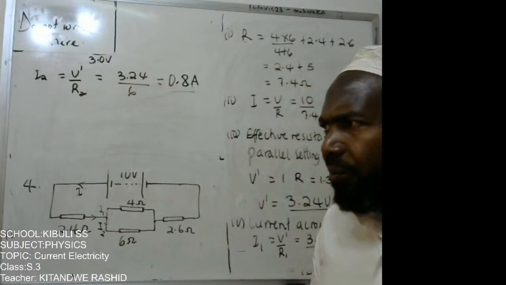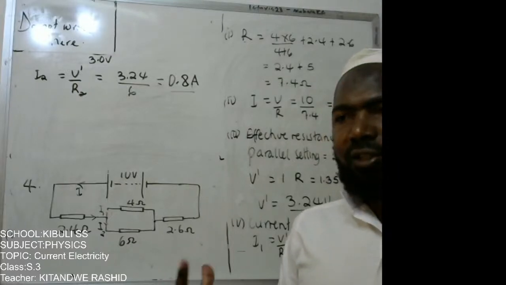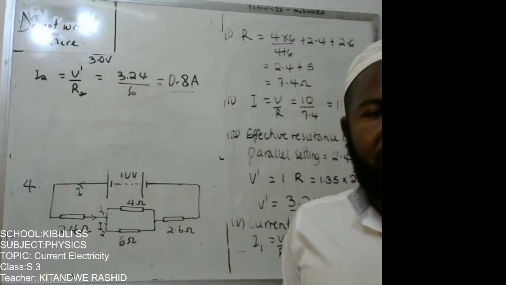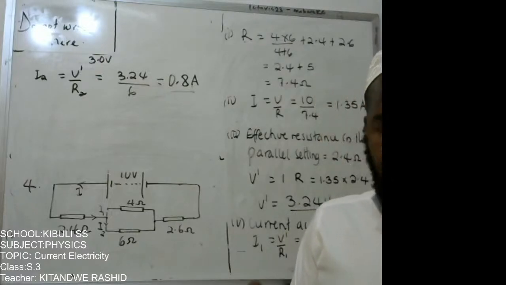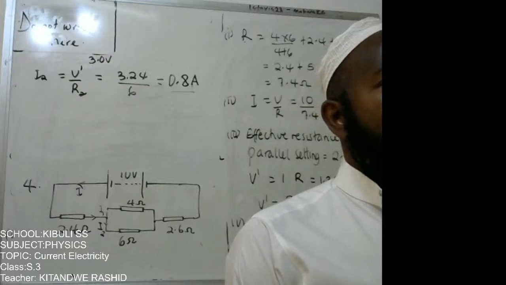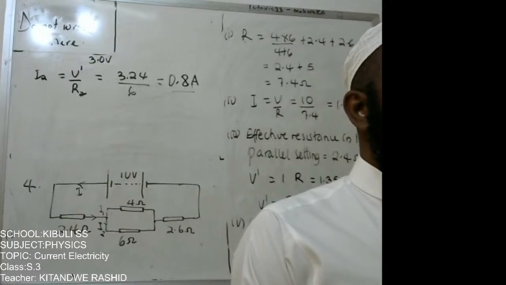Definitely, I know circuit calculations mastery needs practice. If you don't practice, you find challenges. So continue practicing so that you conceptualize it. And that is the reason why I have given the following activity. The activity is having 4 numbers.